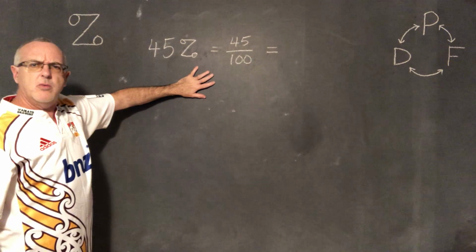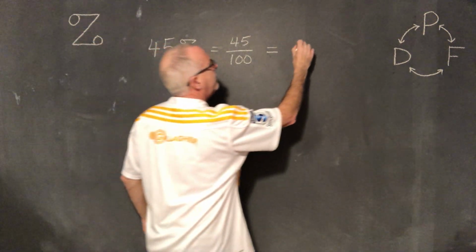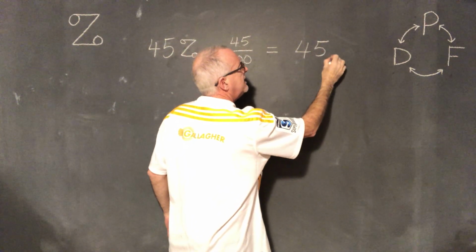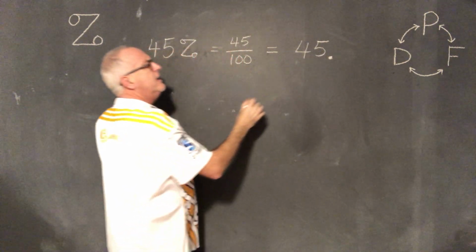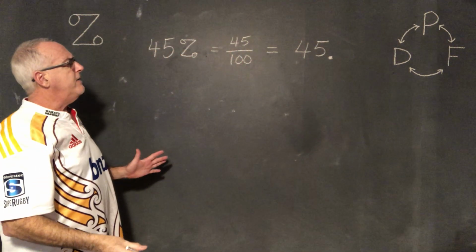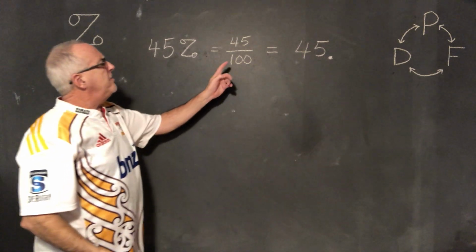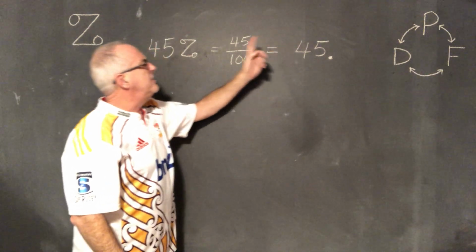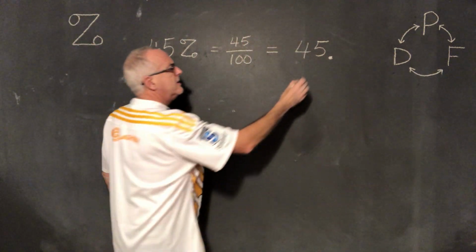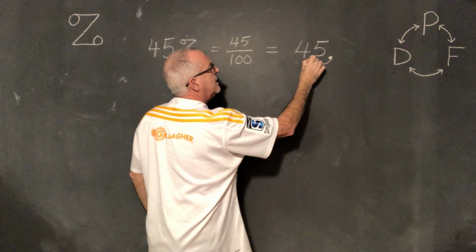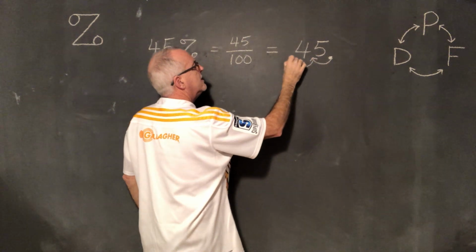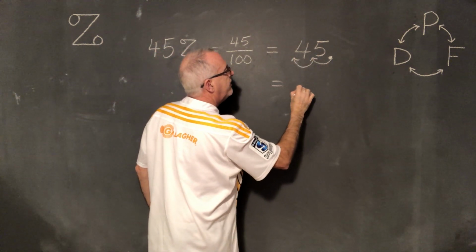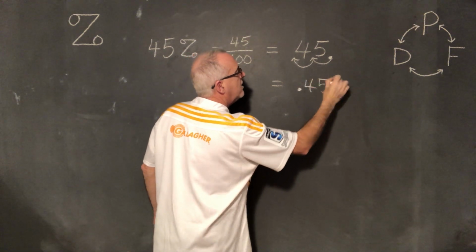And how does that work again? We have the 45. The decimal would be here if it were really 45, but because we're converting this into a decimal, we're dividing by 100, which means that we are jumping this decimal 2 places to the left. So therefore, 0.45 is what I really want.